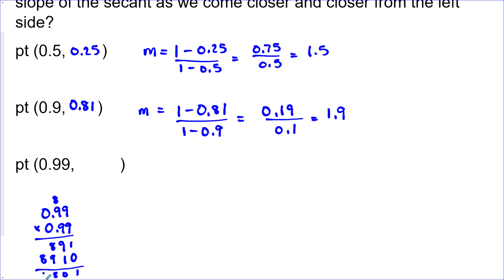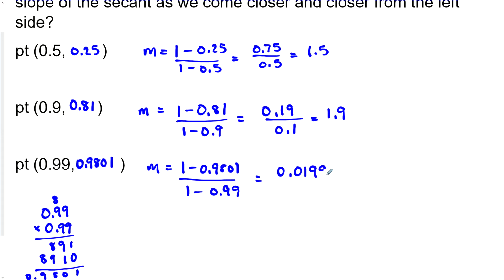And then 4 decimals, so it looks like 0.9801. Using our same slope formula, 1 minus 0.9801 over 1 minus 0.99 gives me 0.0199 in the numerator and 0.01 in the denominator. Multiply numerator and denominator by 100 and we get 1.99.